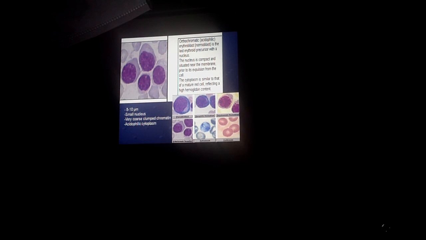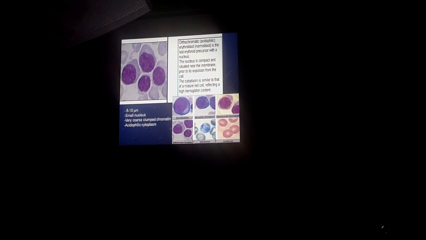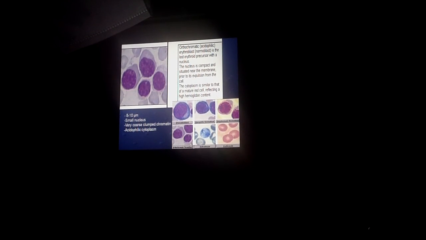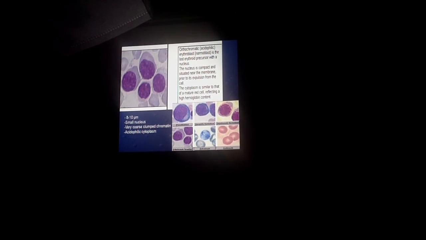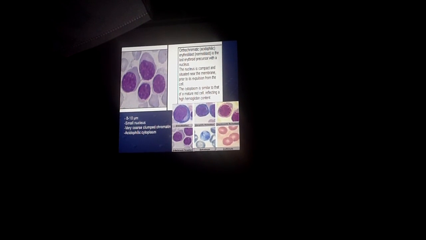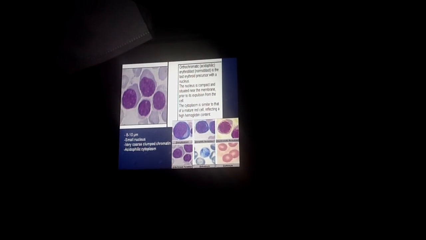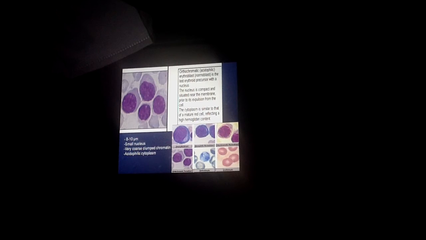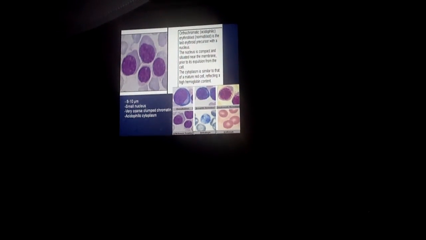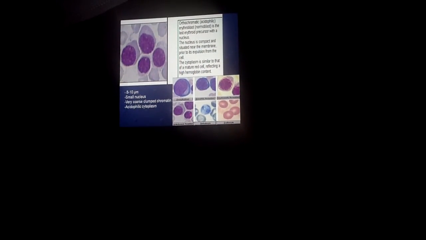Anong component ng red cells ang nagkikarry ng oxygen and carbon dioxide? Hemoglobin. Yun lang ang function ng mga red blood cells. Pag mayroon na siyang hemoglobin, the cell will not anymore perform any synthetic function. Kaya, useless na ang nucleus niya. Kaya pwede nang tanggalin sa kanyang cytoplasm.